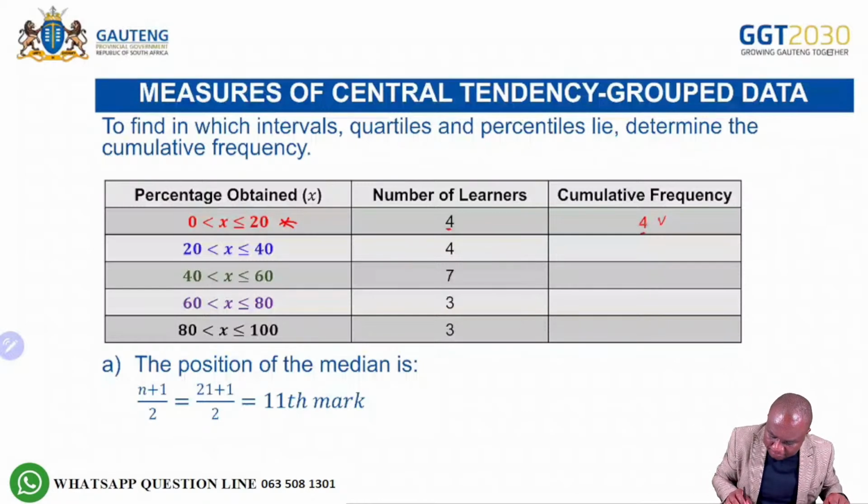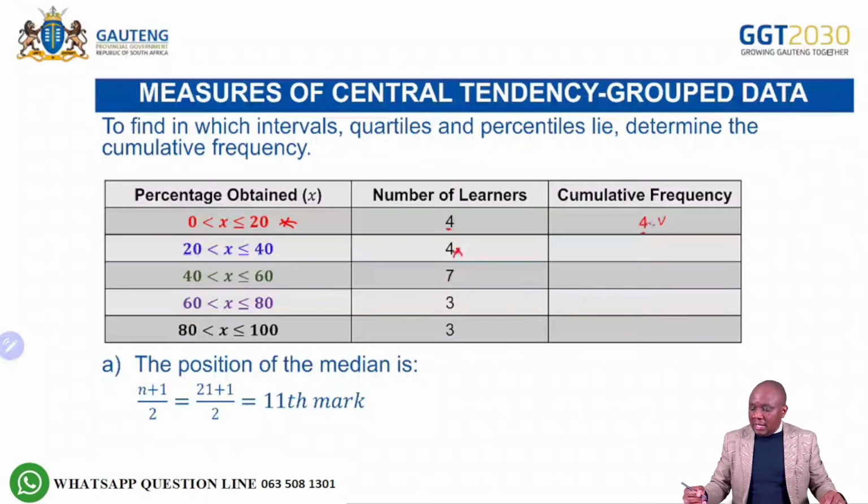Remember, these marks are arranged in ascending order. And then to this frequency, the red one, we add this 4 cumulative. Remember what cumulative means, right? It becomes 8. So the cumulative frequency here is 8. What is the meaning of that 8? It means up to 8 learners, or let me say marks, up to 8 marks.